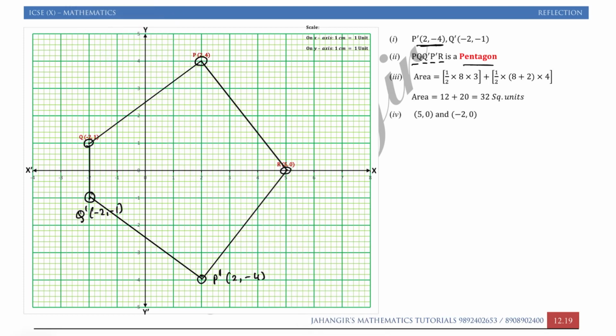It is a 5-sided figure. If you see, we have 5 sides and it is a pentagon. So you can write the geometrical name of this figure is pentagon.